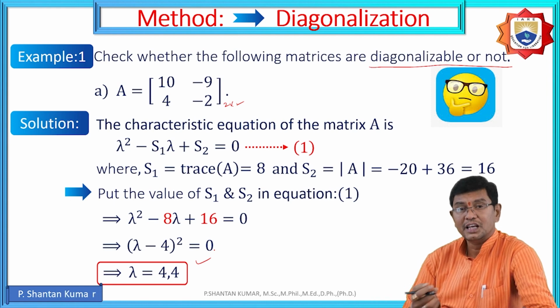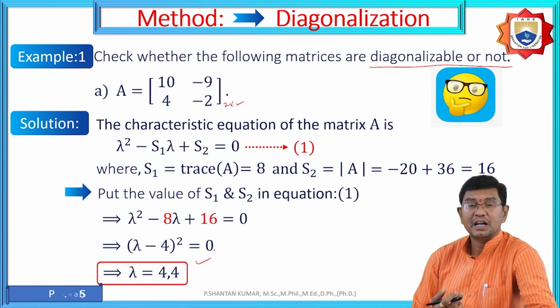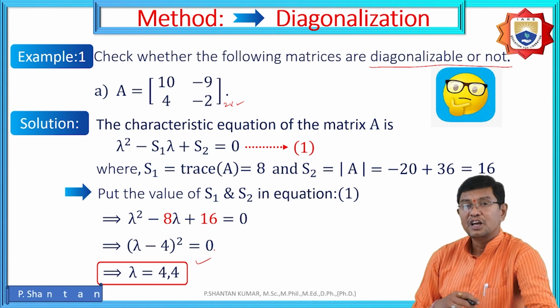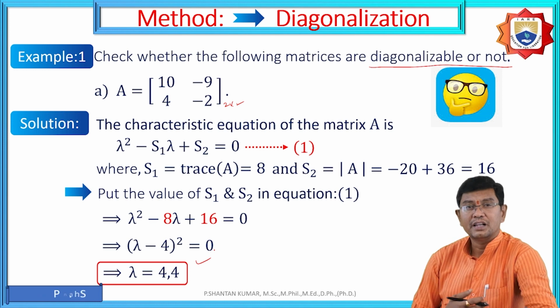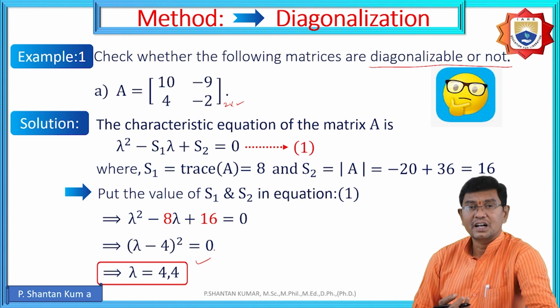If both are the same, that is AM equals GM, then the matrix is diagonalizable. But we can't say that because the eigenvalues 4, 4 are the same, the matrix is not diagonalizable. It is not like that.